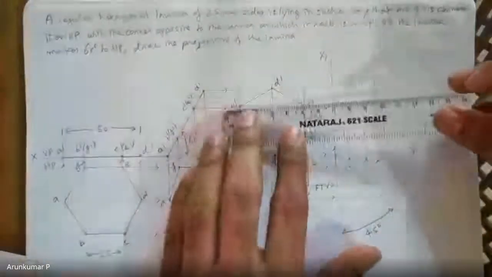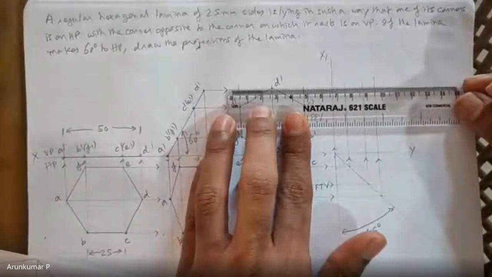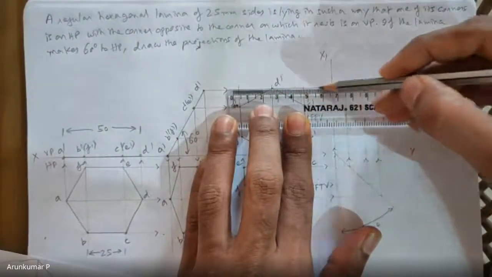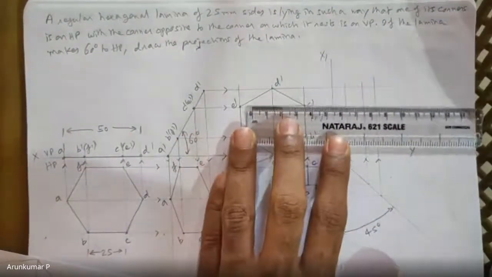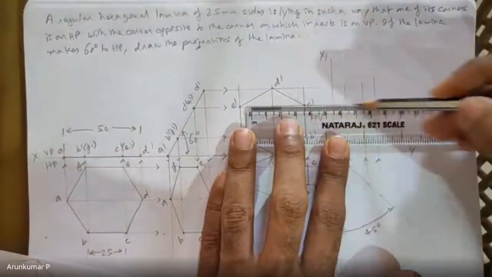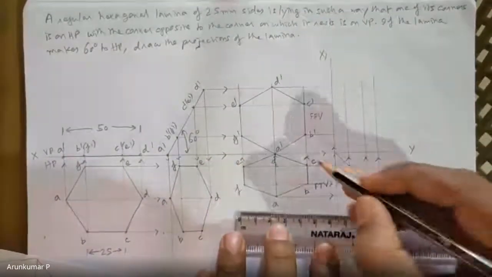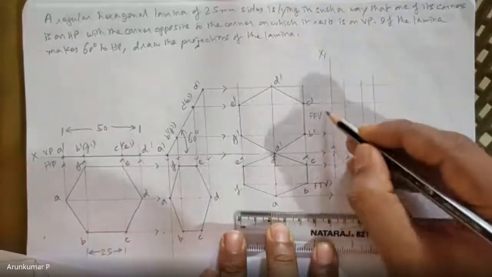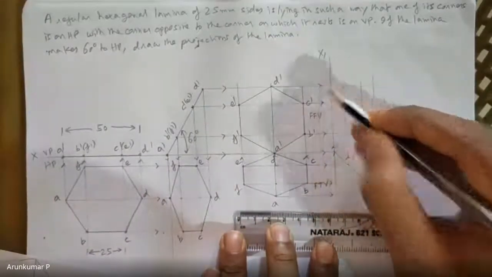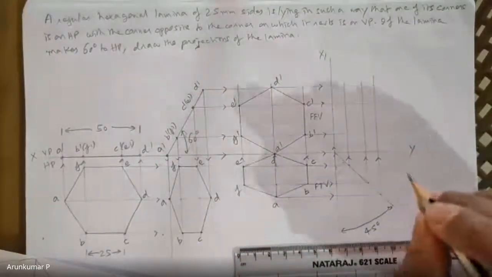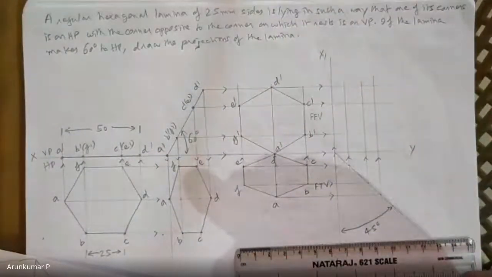They will intersect with the four horizontal projectors from the front view. So 1, 2, 3, and of course 1 on XY line. Okay. So now very carefully you have to locate the side view.